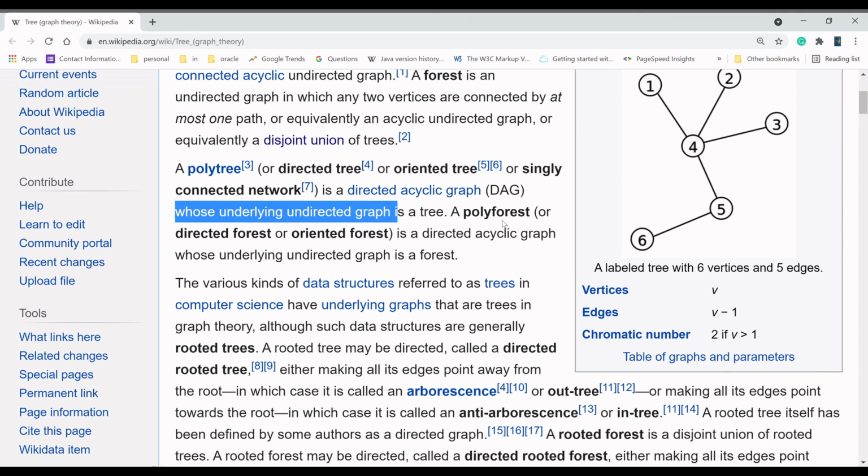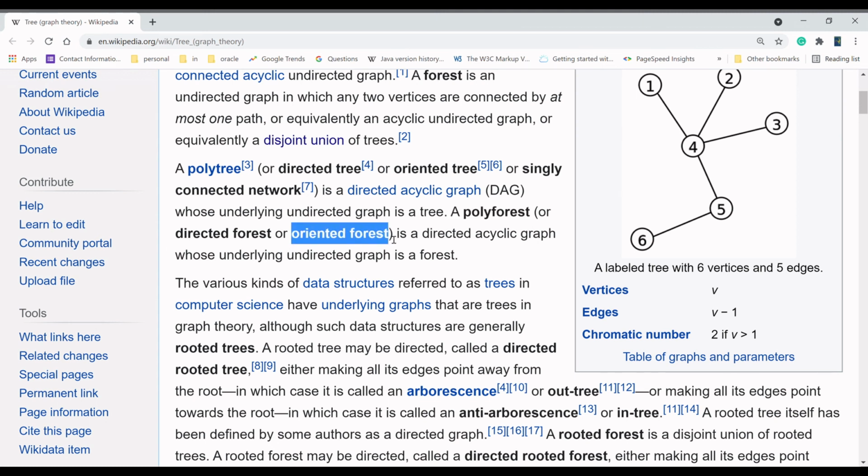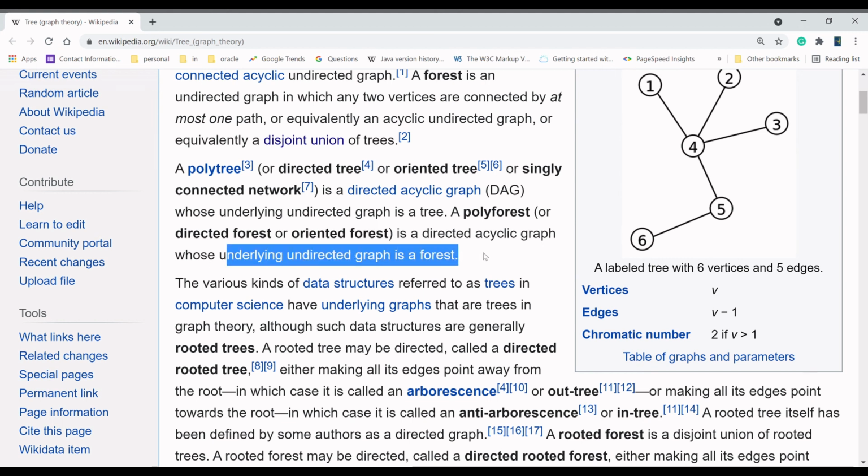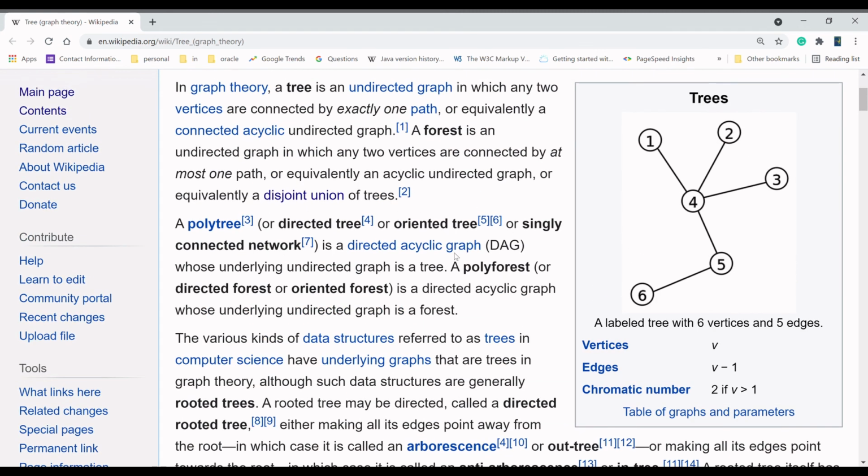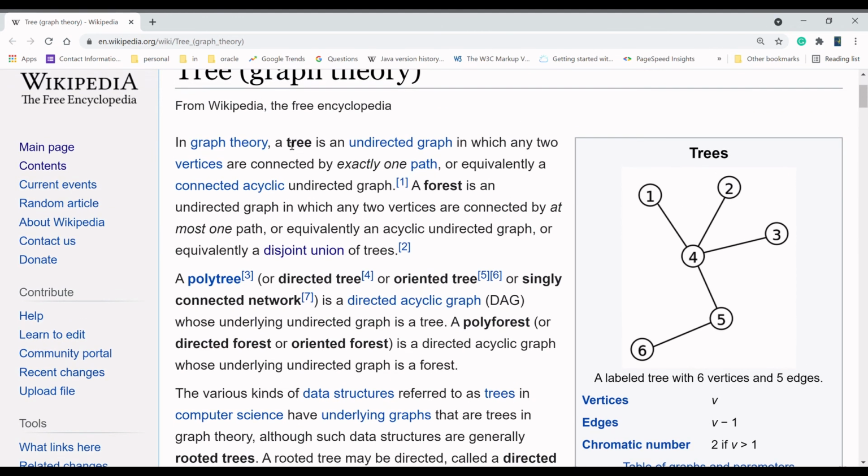Then a polyforest is the best example. A polyforest means a directed forest, or an oriented forest. It's a directed acyclic graph whose underlying undirected graph is a forest. So as simple as that, a polytree's underlying graph is an undirected graph or tree.